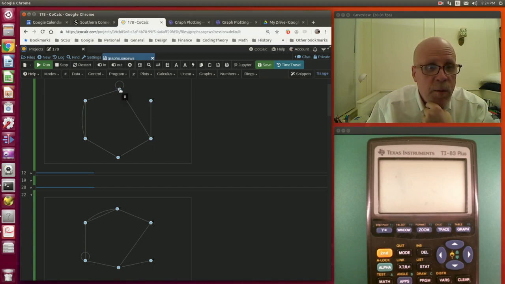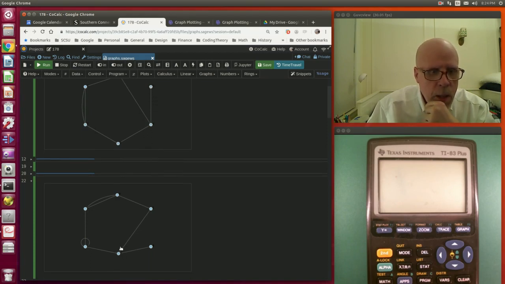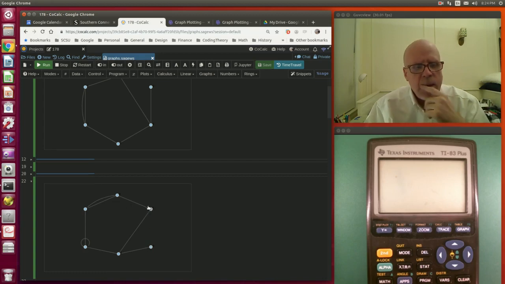I'm pointing at vertex 0 here, then they go counterclockwise: 1, 2, 3, 4, and then 5 is all by itself. This one, 0, is also at the top. In fact, they go in the same order: 0, 1, 2, 3, 4, and 5.